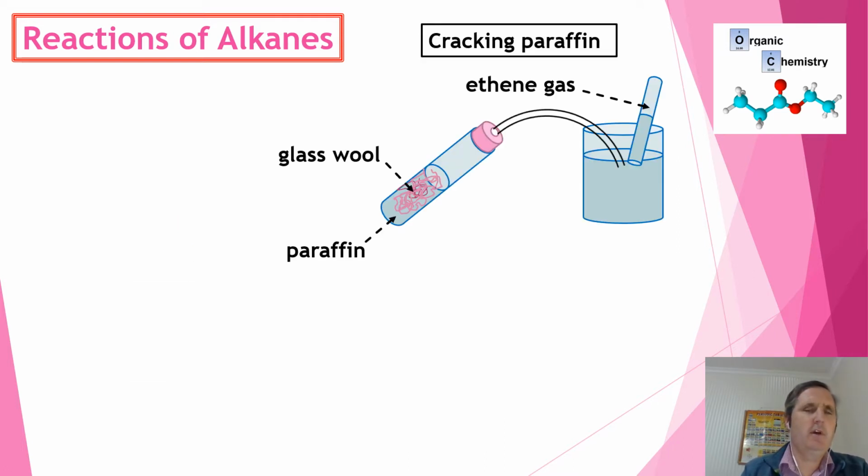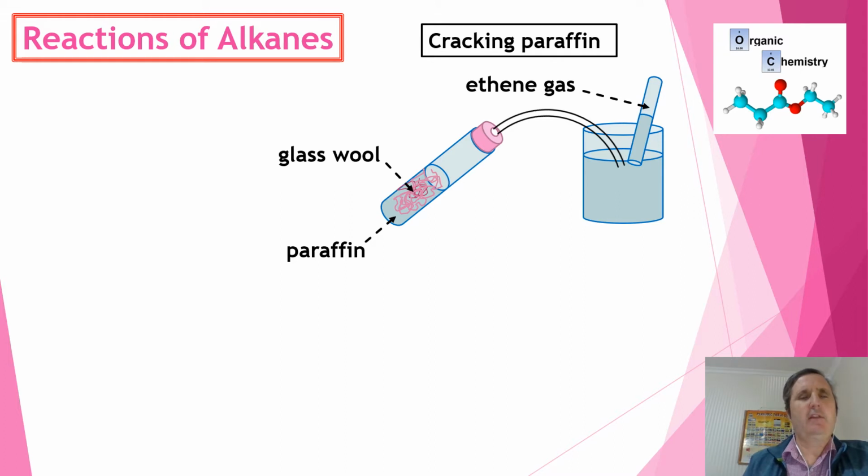So if you want to crack some saturated hydrocarbon or an alkane, what you need to do is you take a sample of it and you put a catalyst in there, and silicon dioxide is a good catalyst. So we can put in a boiling tube some paraffin, which is an alkane chain of about 20 carbons, and we can put some glass wool in there.